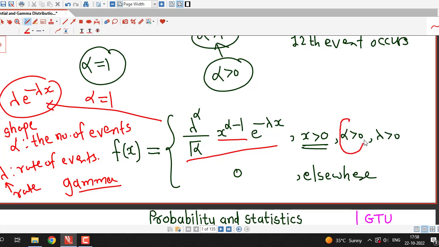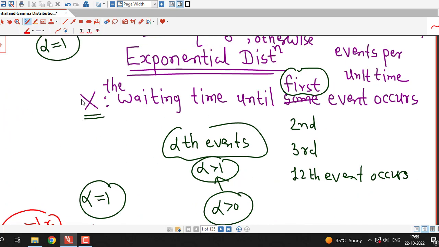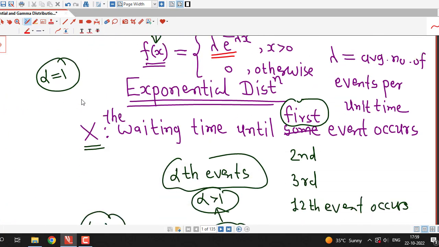So here we have two parameters, alpha and lambda. This PDF helps us to model the waiting time until the alpha-th event occurs, and for alpha equal to 1 we obtain the exponential distribution.